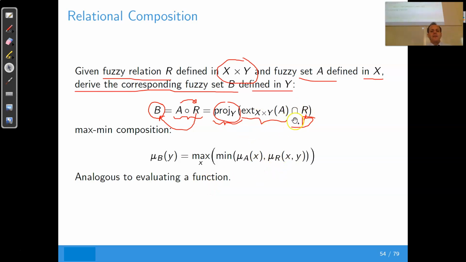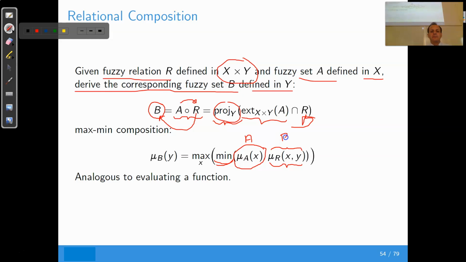If you remember, the intersection operation corresponds to the minimum between the membership function of A and the multidimensional set R. So you find the minimum between R and A, which corresponds to the intersection.